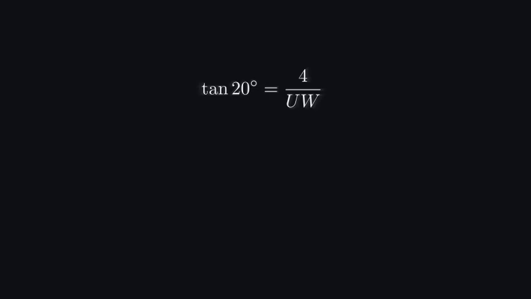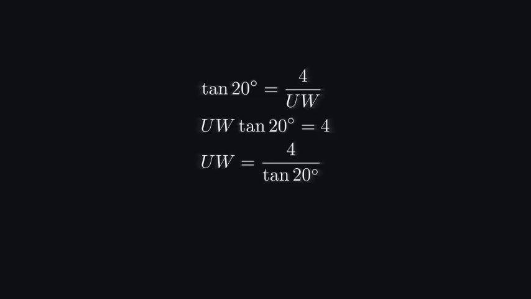Tan of 20 degrees equals 4 over UW. UW tan of 20 degrees equals 4. UW equals 4 over tan of 20 degrees.